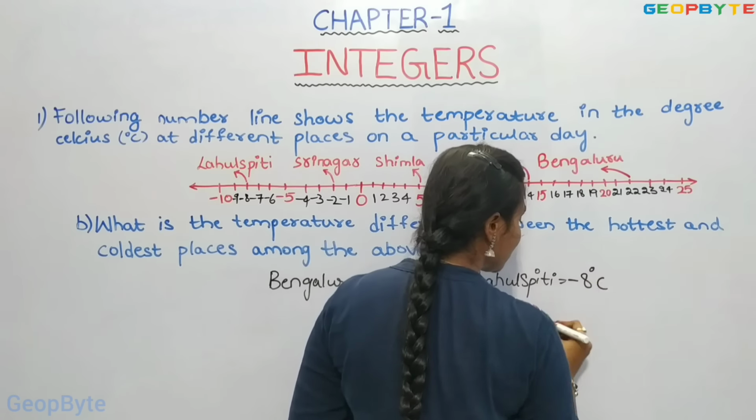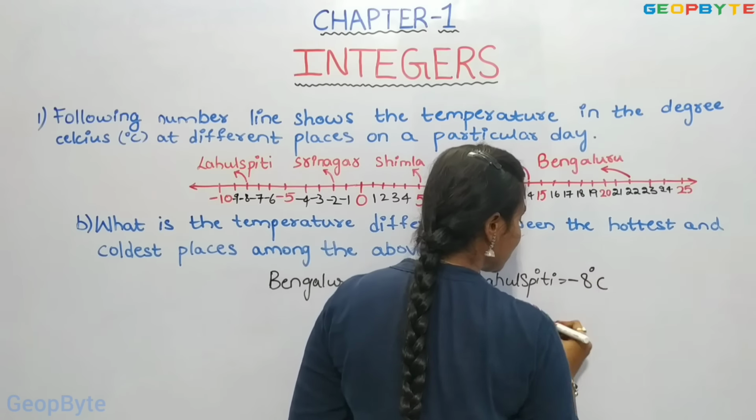Now, what did they ask? What is the temperature difference? Difference means subtraction. Let us write 22 minus (-8). I said when there are two symbols side by side, we need to put a bracket. Now, when two minus symbols are there, minus into minus becomes plus, as I have already said in the multiplication condition.